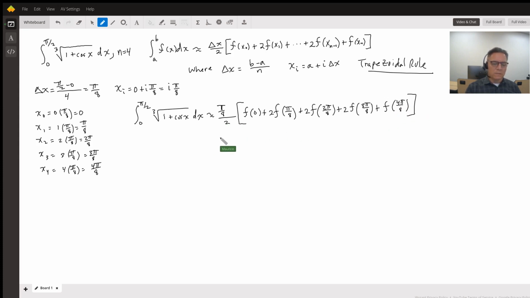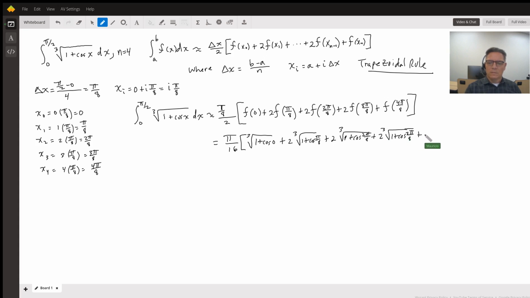Okay. And so this reduces to pi over 8 divided by 2, which is pi over 16, times f of 0, which is cube root of 1 plus cosine of 0, plus 2 times cube root of 1 plus cosine of pi over 8, plus 2 times cube root of 1 plus cosine of 2 pi over 8, plus 2 times the cube root of 1 plus cosine of 3 pi over 8.